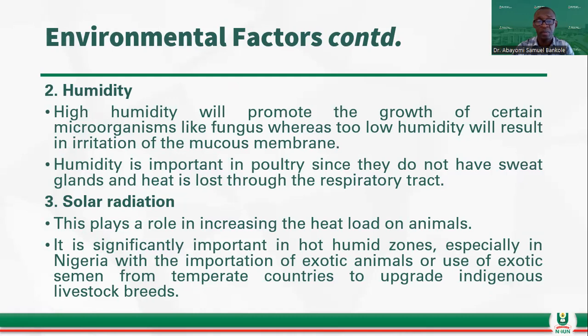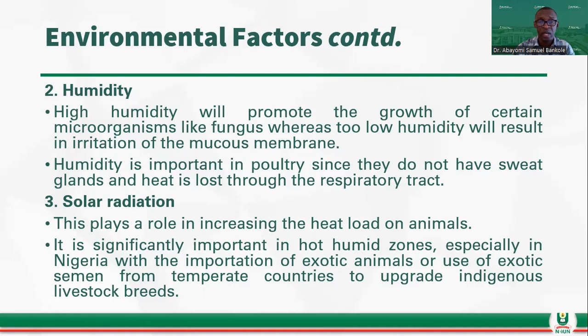Humidity is important in poultry since they do not have sweat glands and moisture is lost through the respiratory tract. Another environmental factor, the third one now, is solar radiation. Now, this plays a role in increasing the heat load on animals.